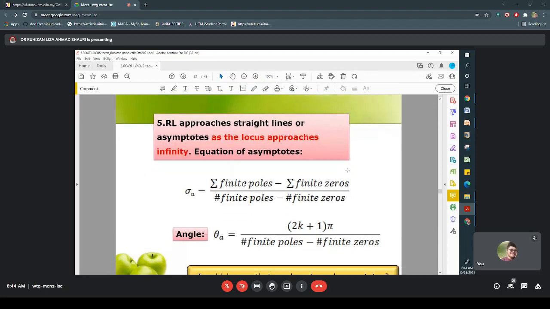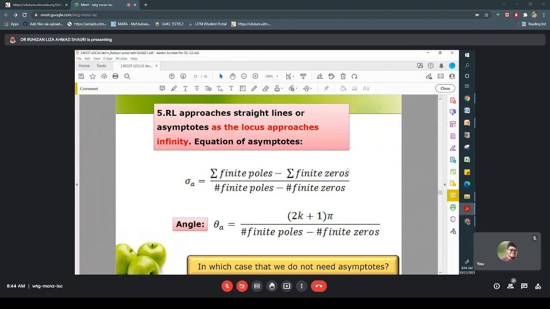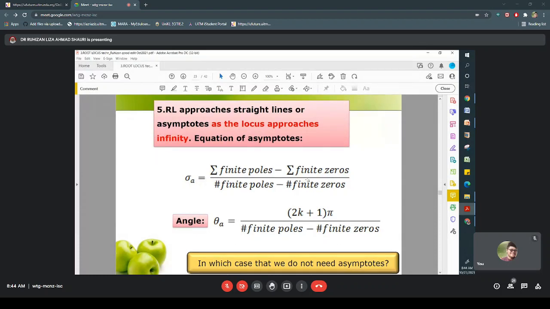Now this is the 5th of the 5 basic rules. It says that the root locus approaches straight lines, or asymptotes.